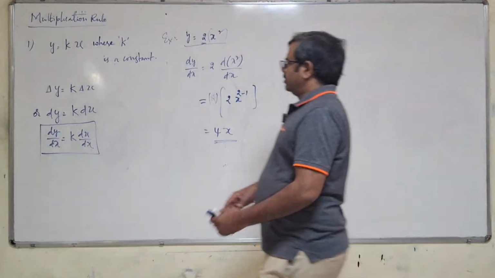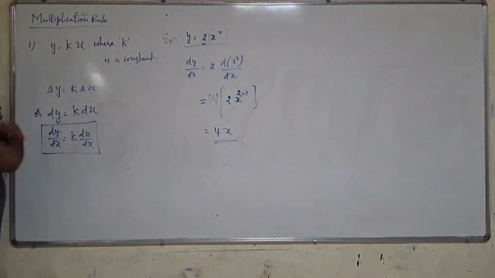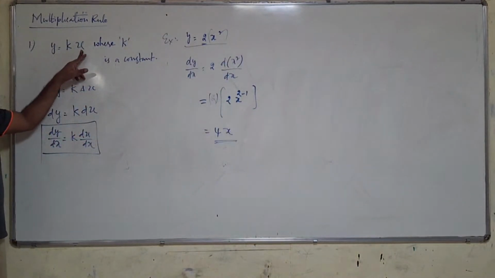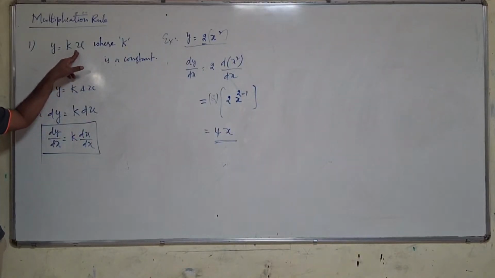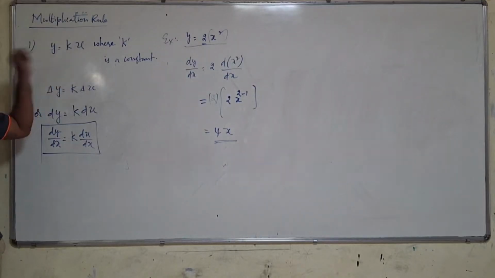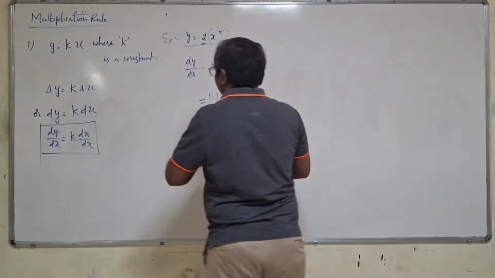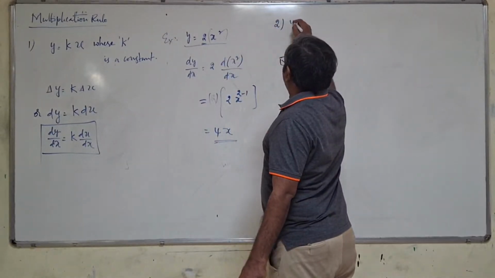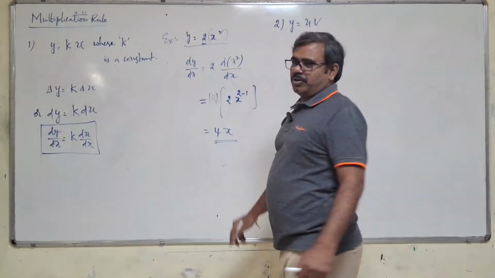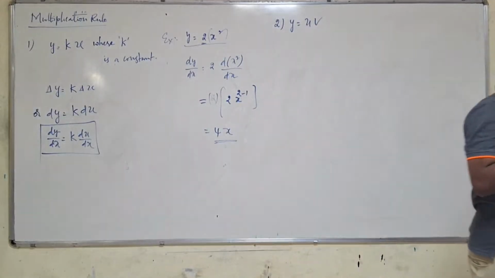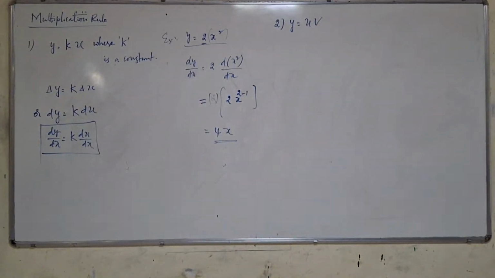All right, in this multiplication, a function of x is multiplied with a constant. But if this is not a constant, if it is also a function of x, then how do we do it? So if y is equal to u into v, u is a function of x, v is also a function of x.